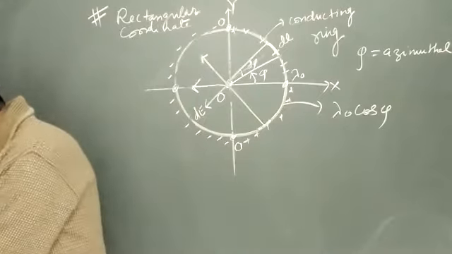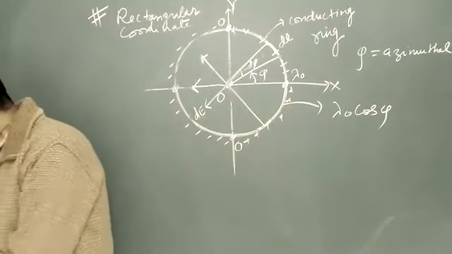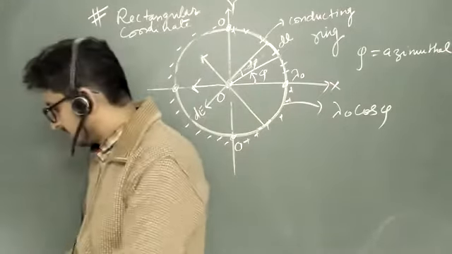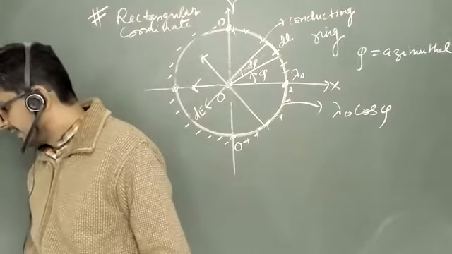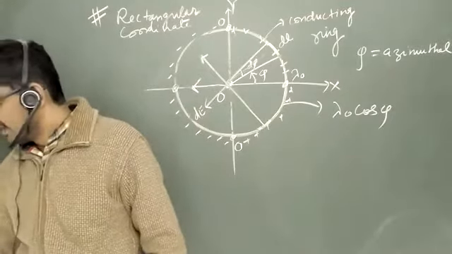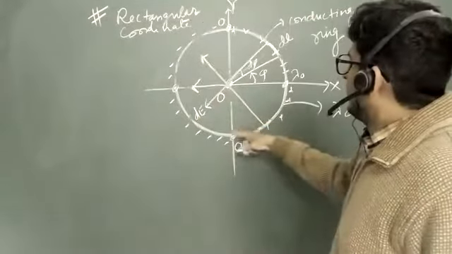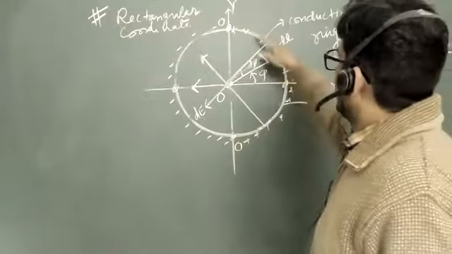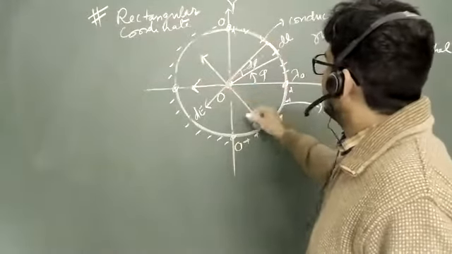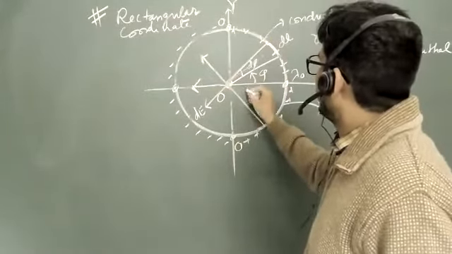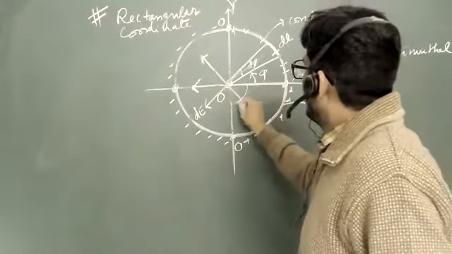Check it, bhai. Yes. So let us just integrate this. For this part, the whole of this is added in this direction, and what are the limits of phi? What is this value of phi?